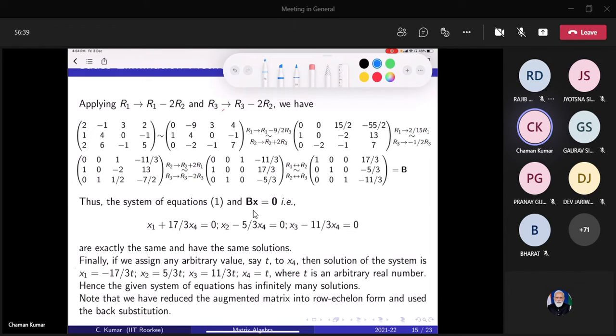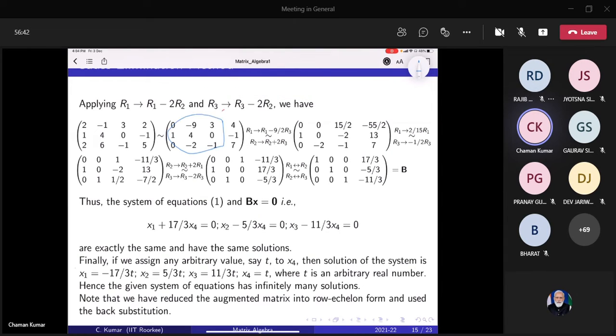If you just consider these first three elements here, in row echelon form the target is to make these elements 0 and these elements 1. But if you make these elements also 0, then with only elementary row operations you will end up with a unique form. That is why the row reduced form is unique, and row echelon form is not unique.